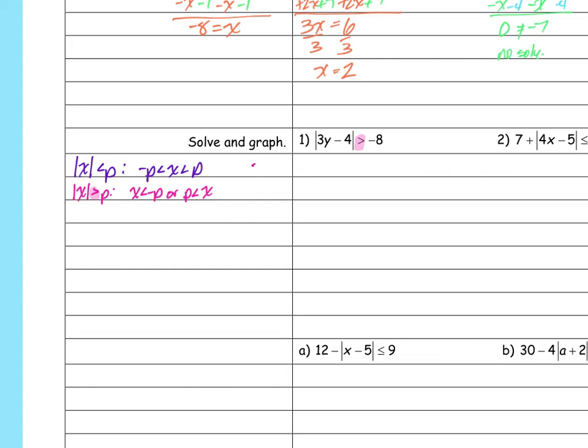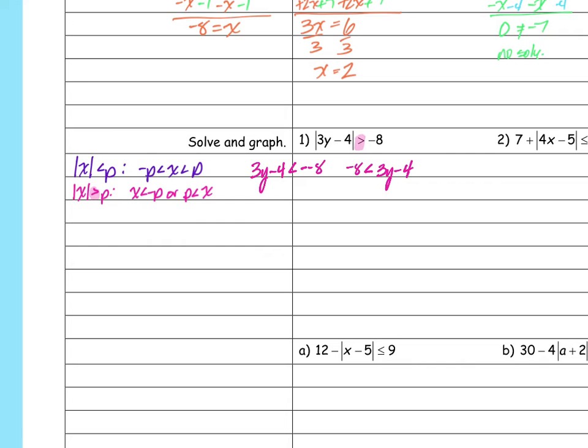One of them is going to be 3y minus 4 is less than the negative of that, minus a negative 8. Or negative 8 is less than 3y minus 4.